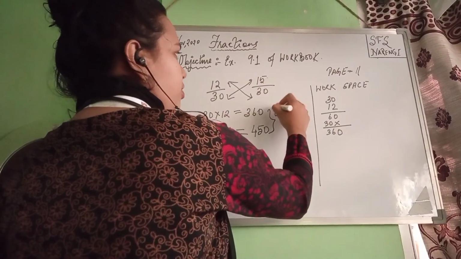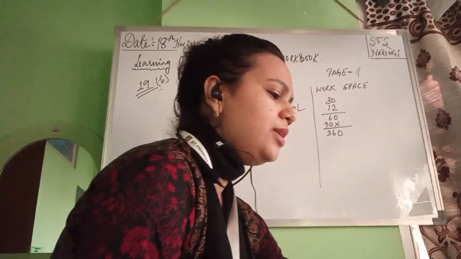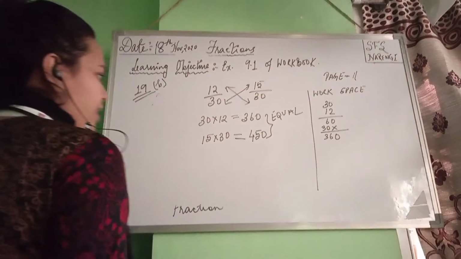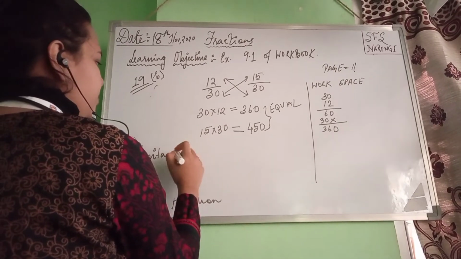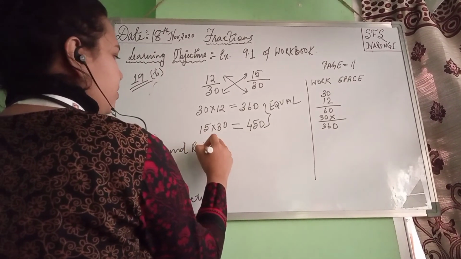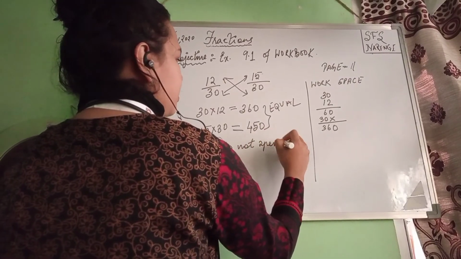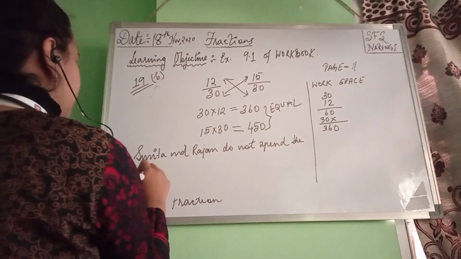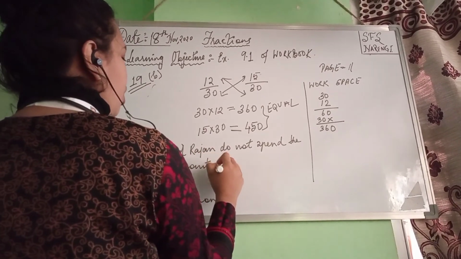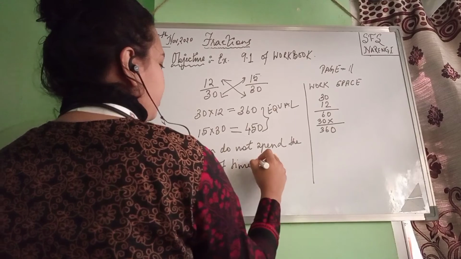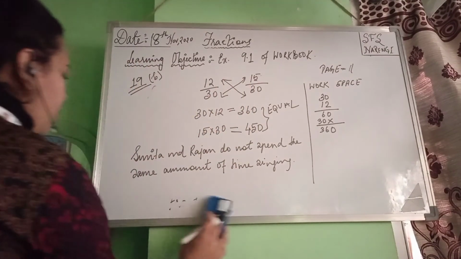Are they equal, children? They are not equal, right? Since they are not equal, I can say that Smita and Ranjan do not spend the same amount of time singing. Okay, children?